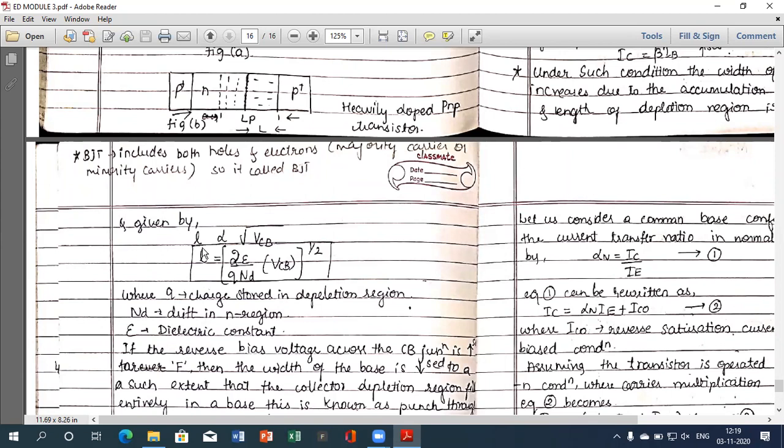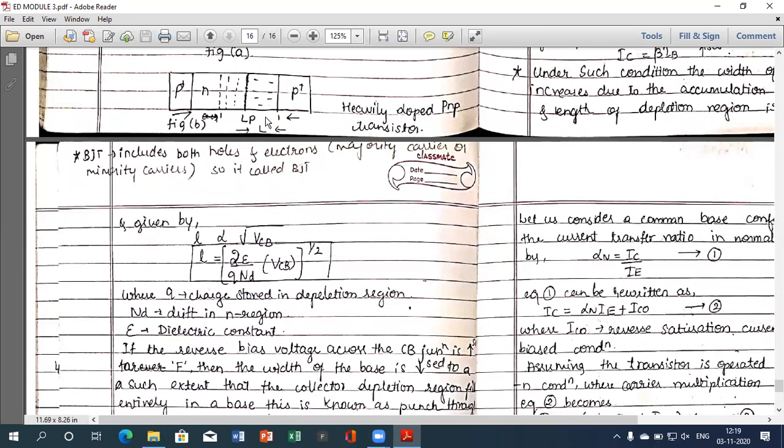Here it is shown the length L is directly proportional to the square root of VCB. If I remove the proportionality sign, we can write L equals root of 2 epsilon by Q and D into VCB raised to 1 by 2. 1 by 2 is nothing but the square root. So this 2 epsilon by Q and D is directly taken as a proportionality constant, where Q is the charge stored in the depletion region.